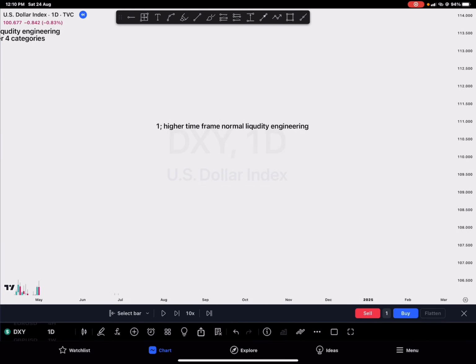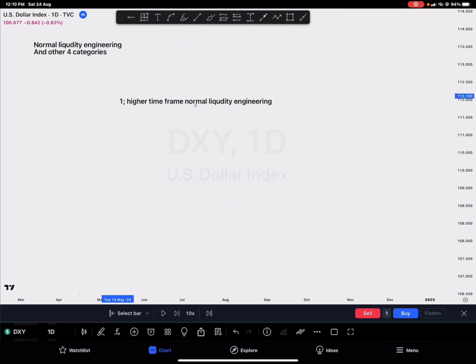How does the higher time frame normal liquidity engineering look? It has both the bullish and the bearish scenario.